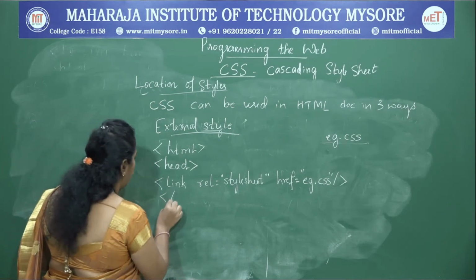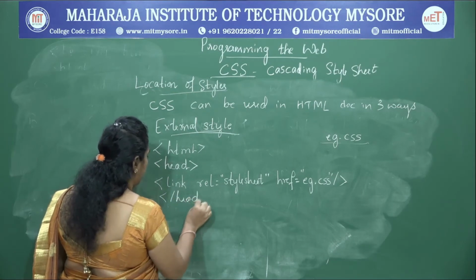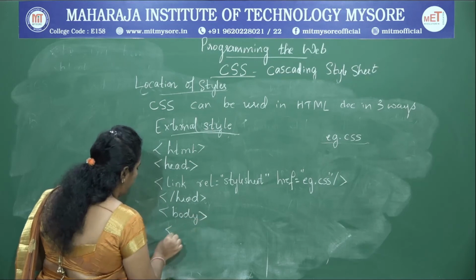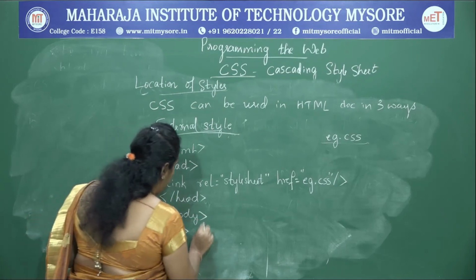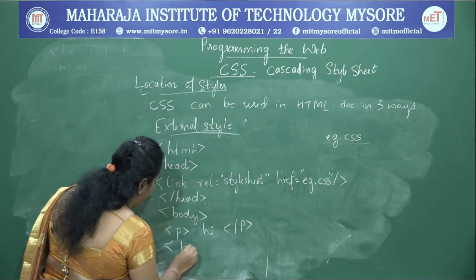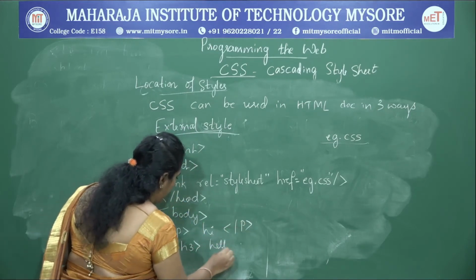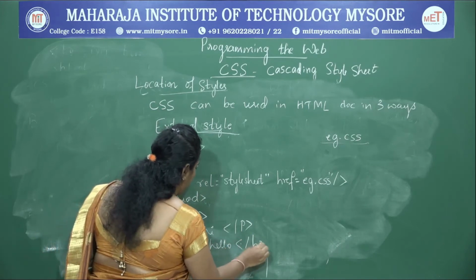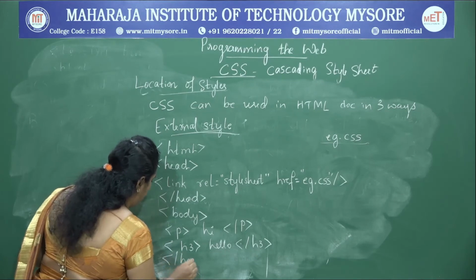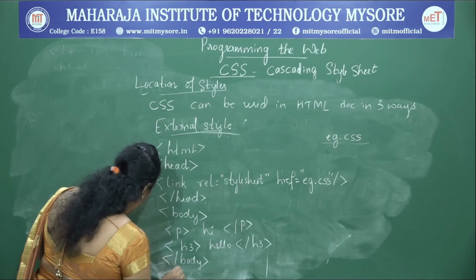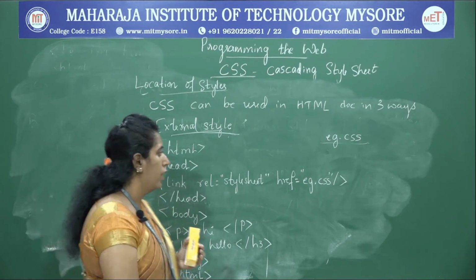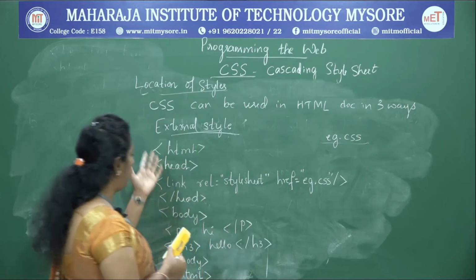Now close the head, and open the body. There you can write the code. For example, P is printing hi and H3 is printing hello. Now I have to end body, and also close HTML. So this is one simple program.